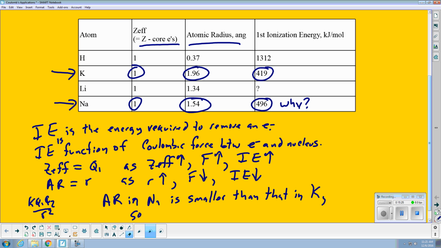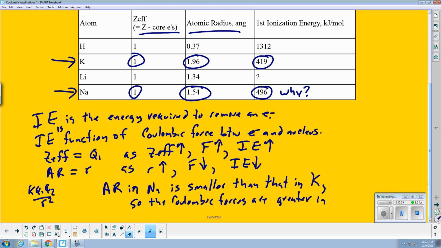So the Coulombic forces are greater in sodium. Thus, sodium has a higher ionization energy. Great.